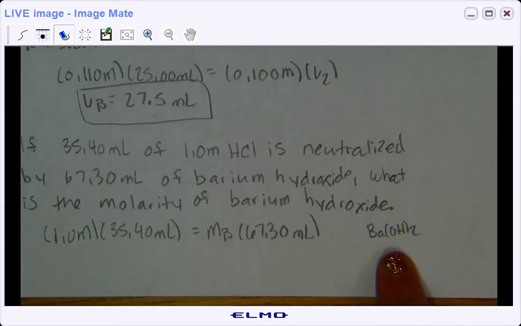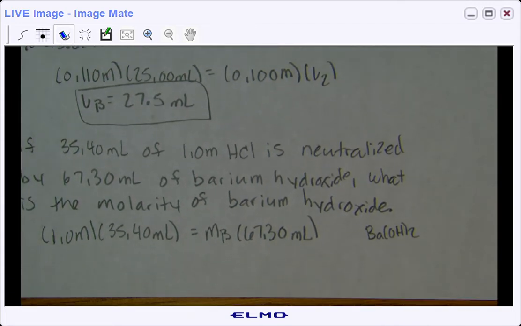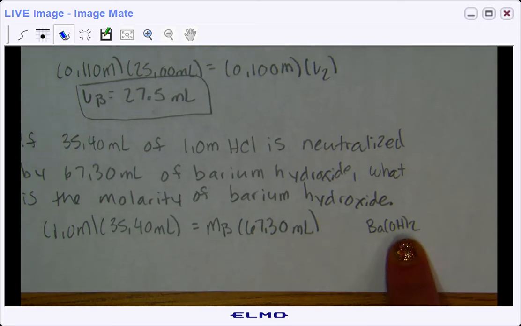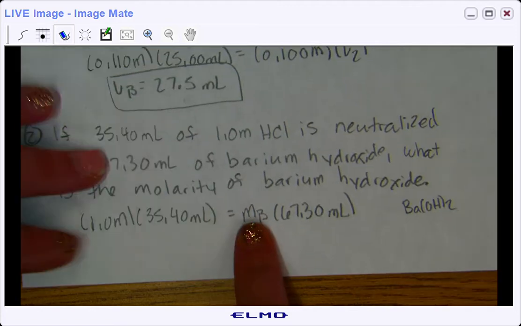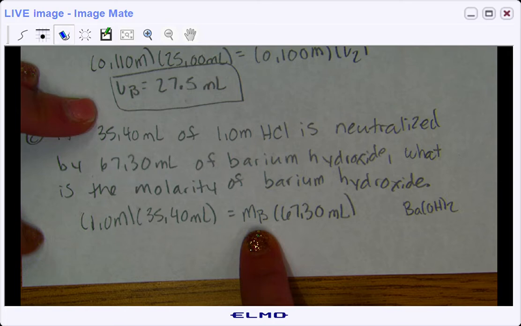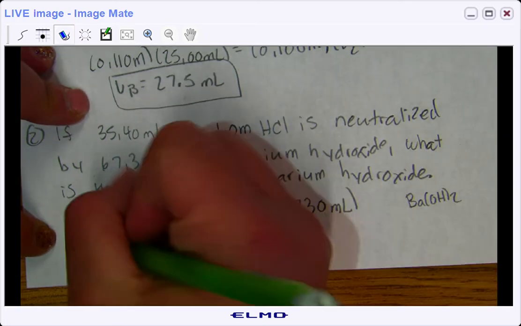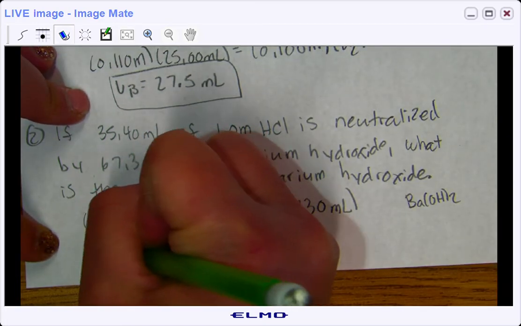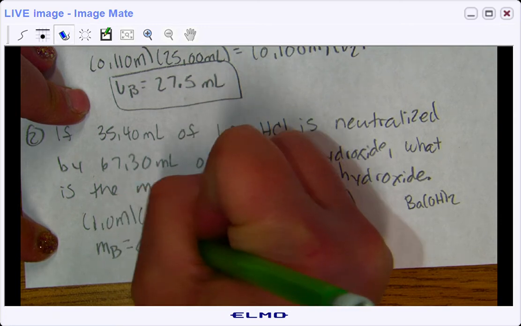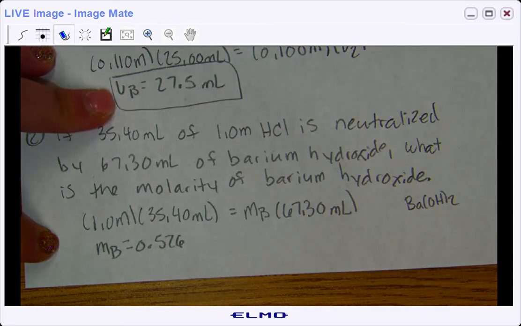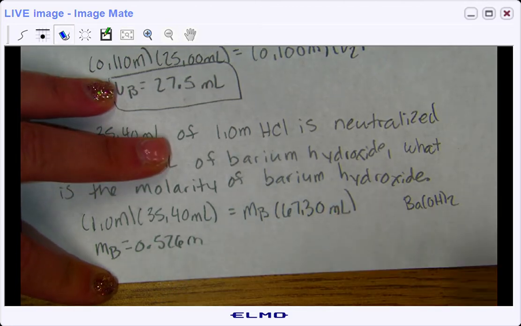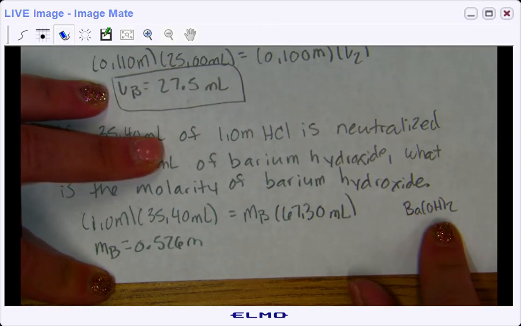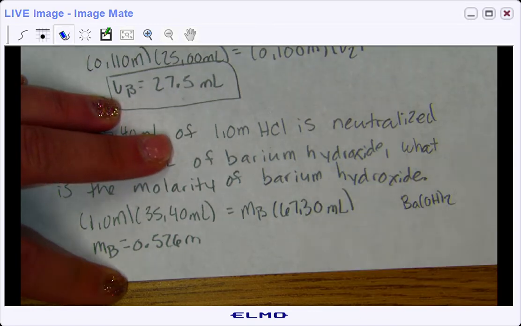So I have 2 moles of hydroxide. So when I solve for my molarity of the base, I end up with 0.526 molar. However, I have 2 moles of hydroxide.